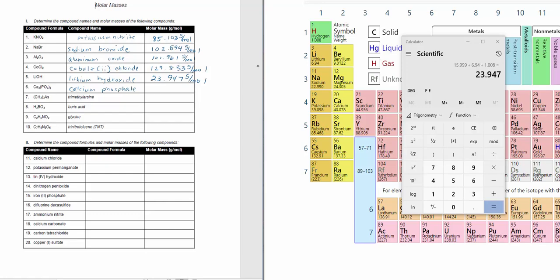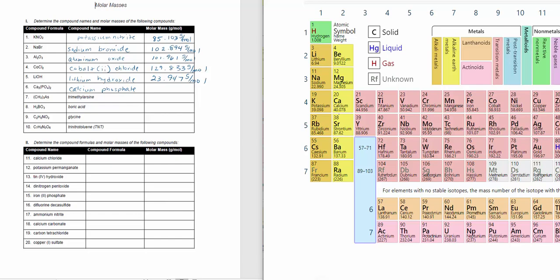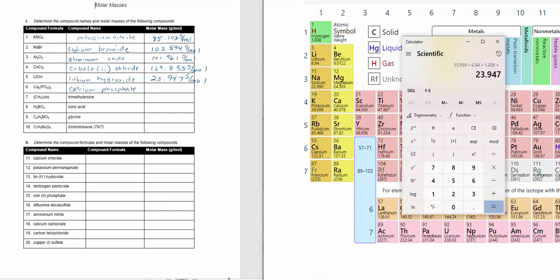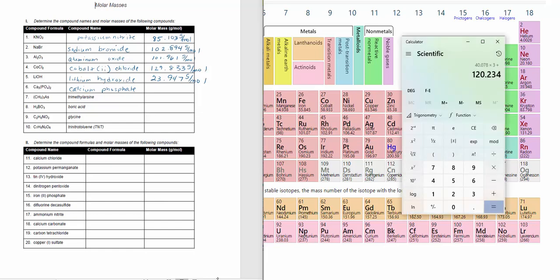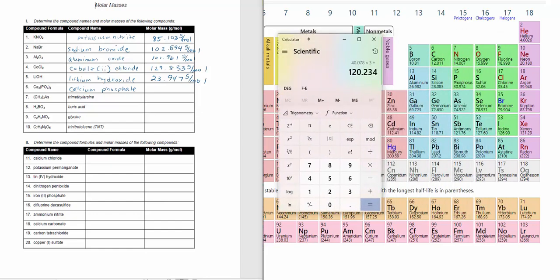Number 6, this is called calcium phosphate. This is an ionic compound, and because it's an ionic compound, we do not use numeric prefixes. So I'm going to start with calcium. Calcium has a mass of 40.078. I have 3 of those atoms. And then don't get tricked by all the subscripts. Although we have 2 phosphate anions, phosphate is PO4 3-, we have 2 phosphorus atoms.